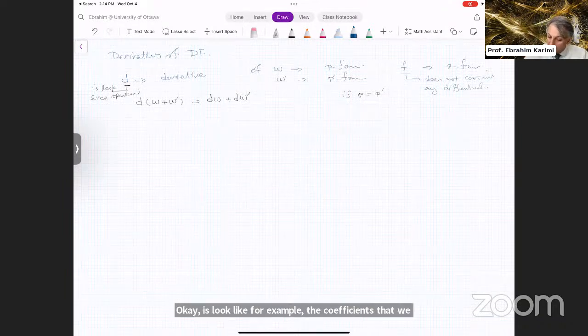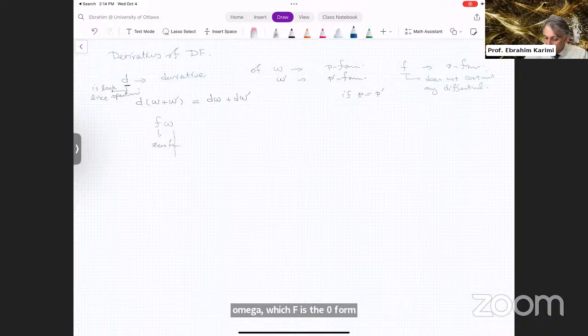Assuming that I have a differential form F omega, where F is the zero form and omega is a P form, as we discussed.